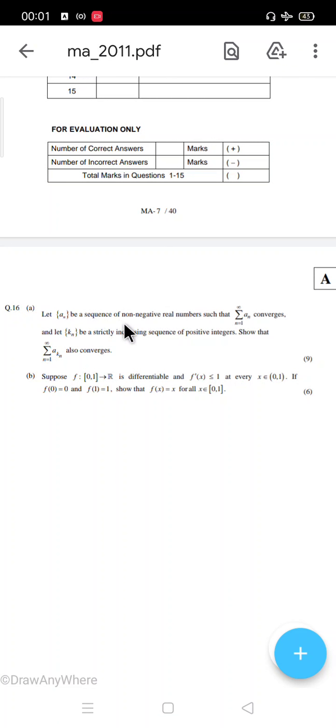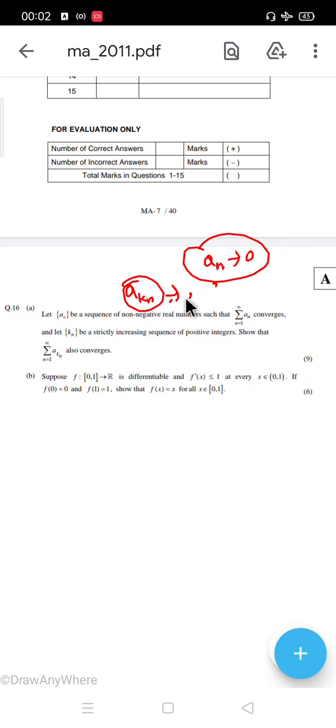Let En be a sequence of non-negative real numbers such that summation En converges, and let Kn be a strictly increasing sequence of positive integers. Show that summation of E Kn is also convergent. See, summation of En is convergent, that means En goes to 0, so this sequence is convergent. E Kn is a subsequence of this, so E Kn is also convergent, correct?